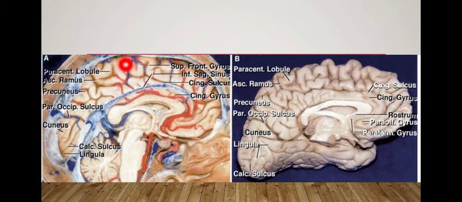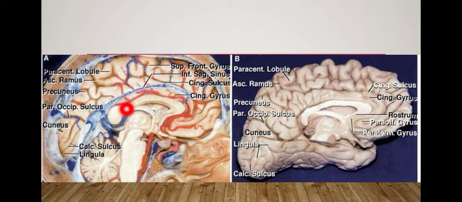The paracentral lobule, which is the continuation of the precentral gyrus and postcentral gyrus, is bounded posteriorly by this ascending marginal ramus. This is the continuation of the cingulate sulcus. So if we trace it from here, you can see that this is the corpus callosum, which forms the innermost layer of the medial surface.